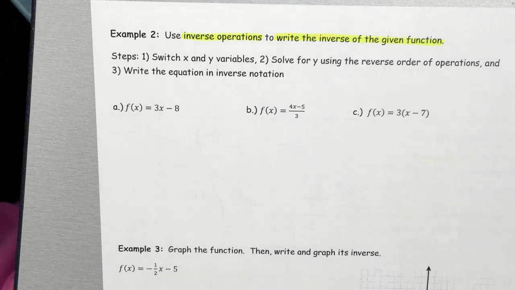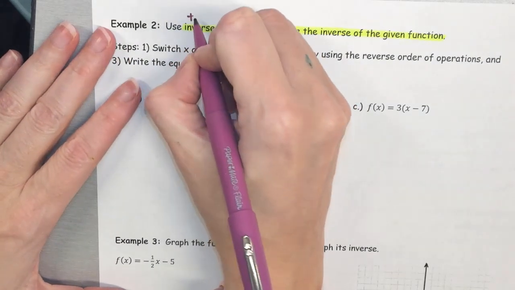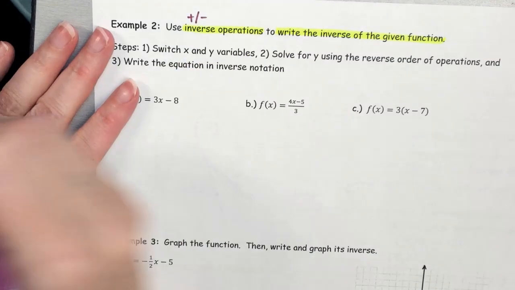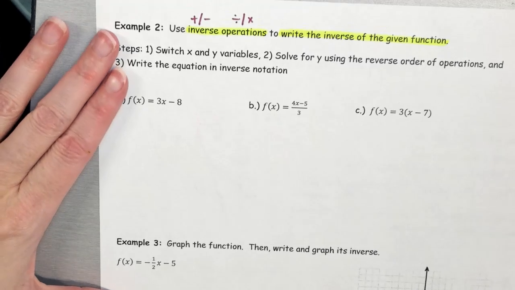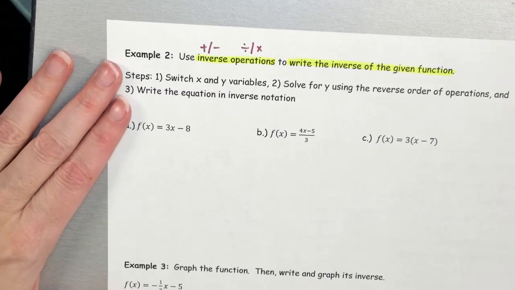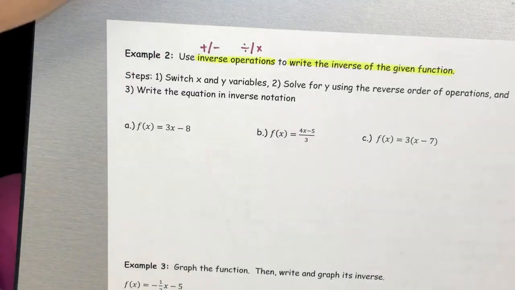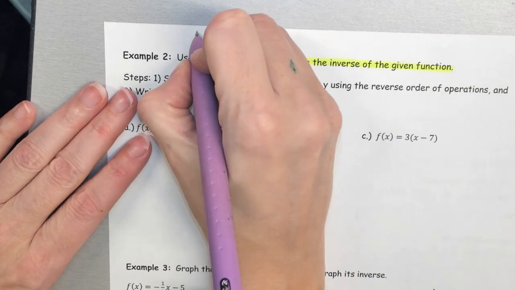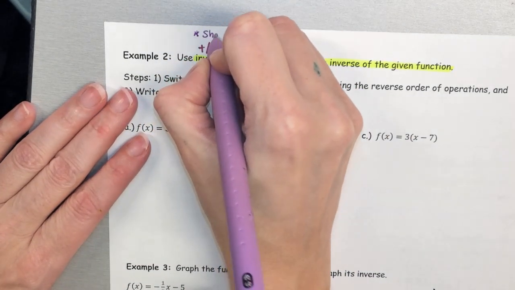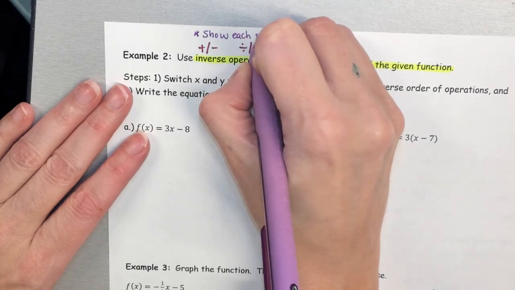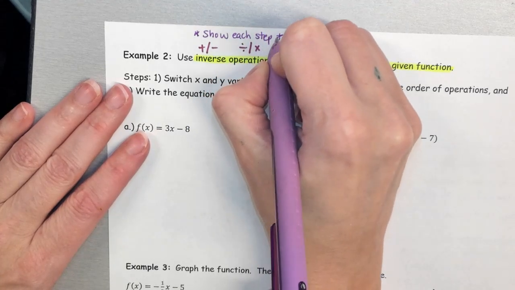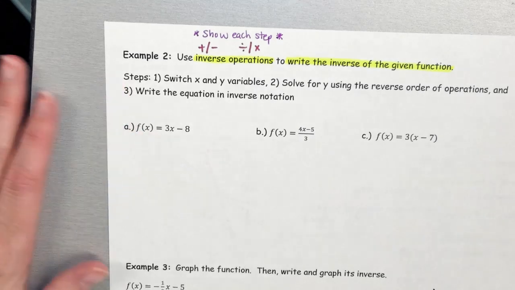So inverse operations are as simple as, if you have something added, you're going to subtract it. If you have something divided, you're going to multiply, or vice versa. So you have to make sure that you show each step when you are finding the inverses. So some of us are just going to have to slow down a little bit there and make sure that you are showing those inverse operations.